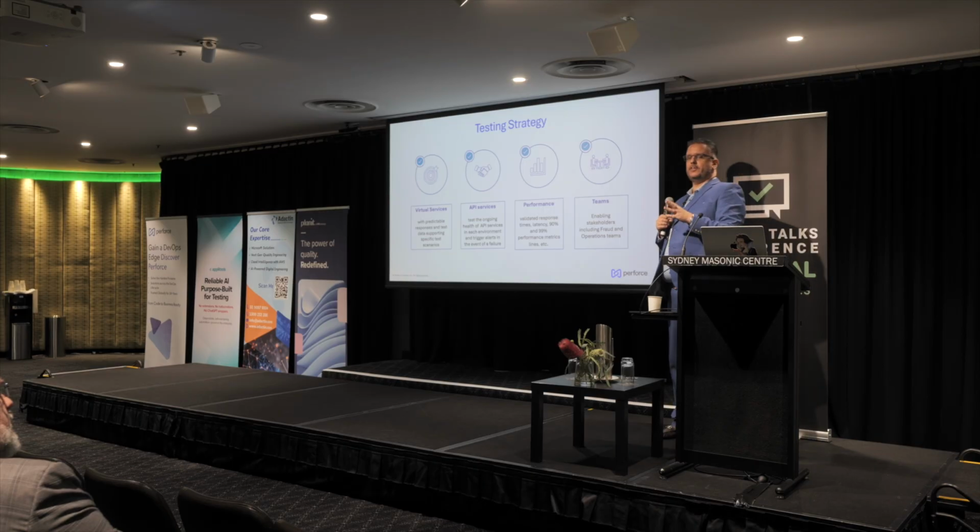So virtualization is used not only for testing purposes, but the responses and data coming from virtual services will also be used to train the AI model on different patterns.